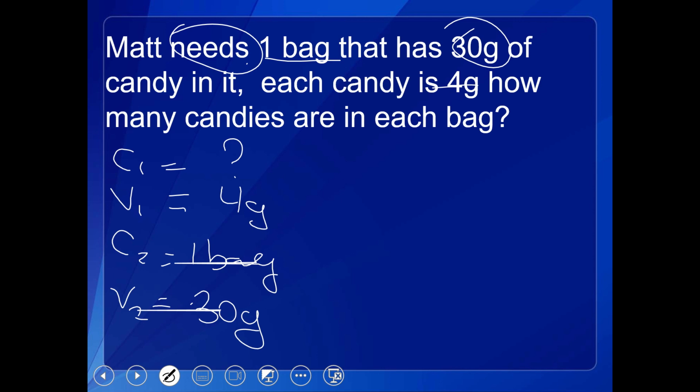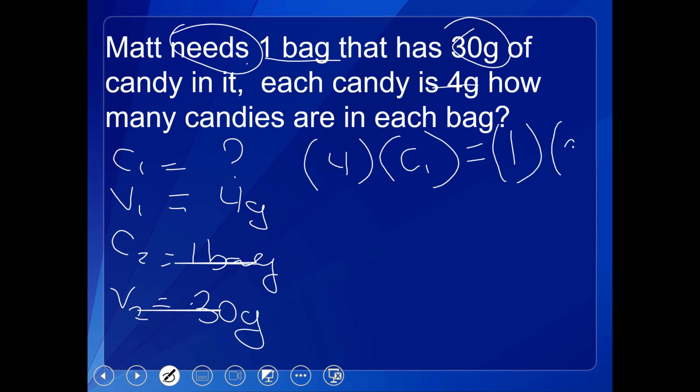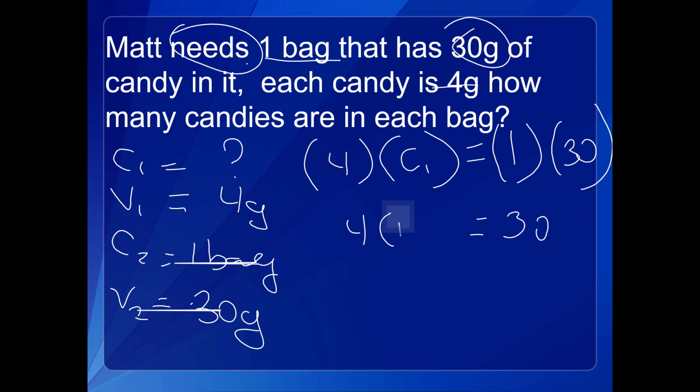So you've got 4 times C1 equals 1 times 30. So you multiply 1 and 30 together, you get your 30 equals 4 C1.